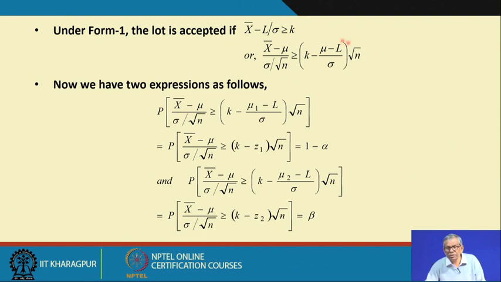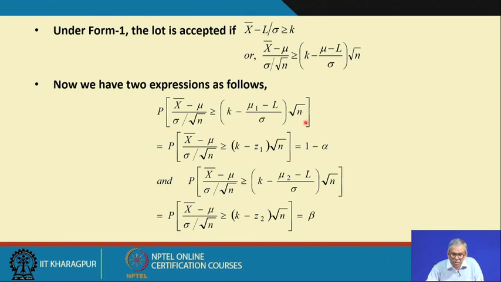So this is the generalized expression. Now we have two expressions: the probability that (x bar minus mu) by (sigma upon root n) is greater than or equal to k minus (mu1 minus L) by sigma times root n, where one particular value of mu is mu1, L is fixed, that is the lower specification limit case, and sigma is the process standard deviation.